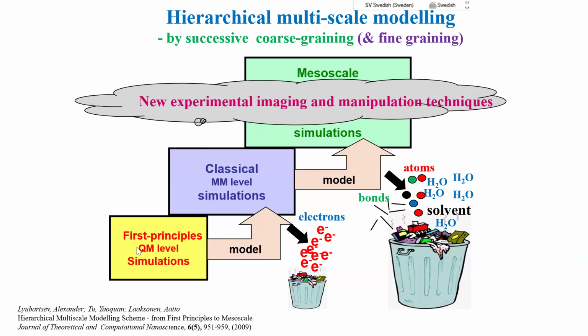And this method works so that while you do these accurate simulations, you also are constructing the model to the next level. And you go to the next level, you increase the size 2 orders of magnitude, and again you calculate a new model. So this way, successively and hierarchically, you go up in length scales. And going up from classical atomistic scale to mesoscale, you can throw away even water molecules, so you don't need any solvent. And solvent is the thing which costs a lot in molecular simulations.